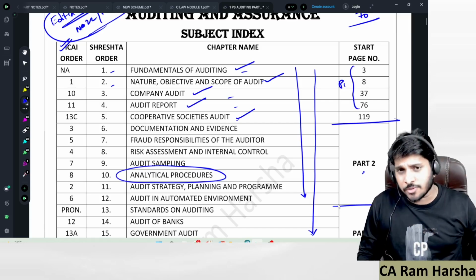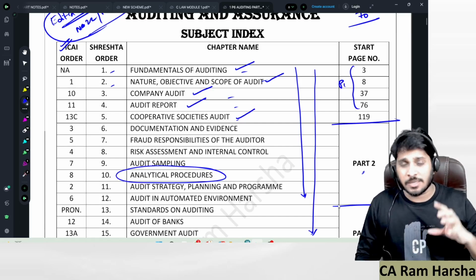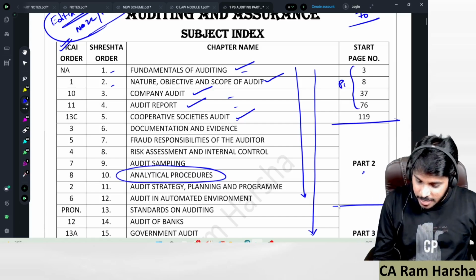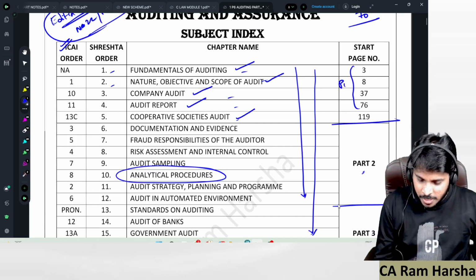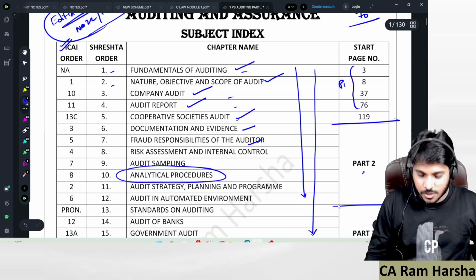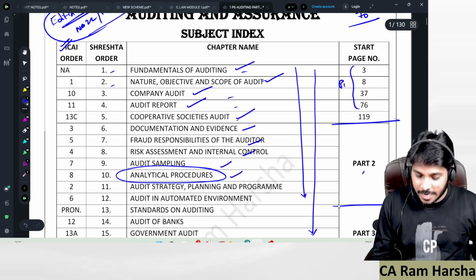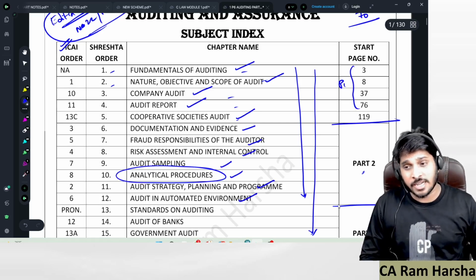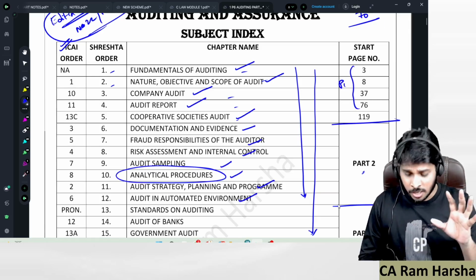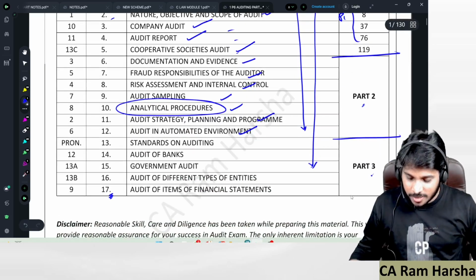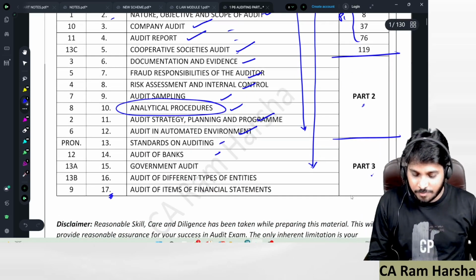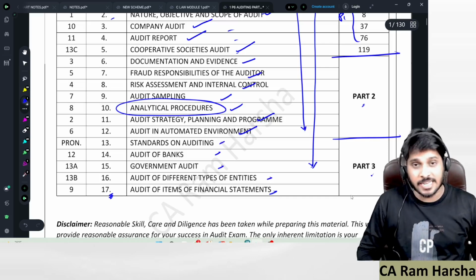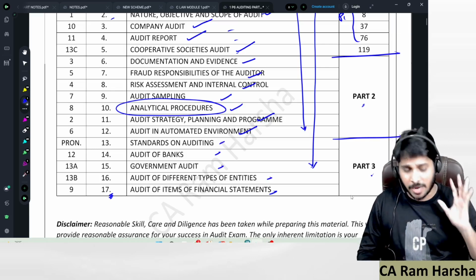These 5 chapters will come as part of part 1. What are the remaining chapters? Documentation and evidence, fraud and responsibilities, risk assessment, sampling, analytical procedures, strategy, and even audit in automated environment come under part number 2. All other chapters, standards, audit of banks, government audit, different types of entities, and items of financial statements, come under part 3.